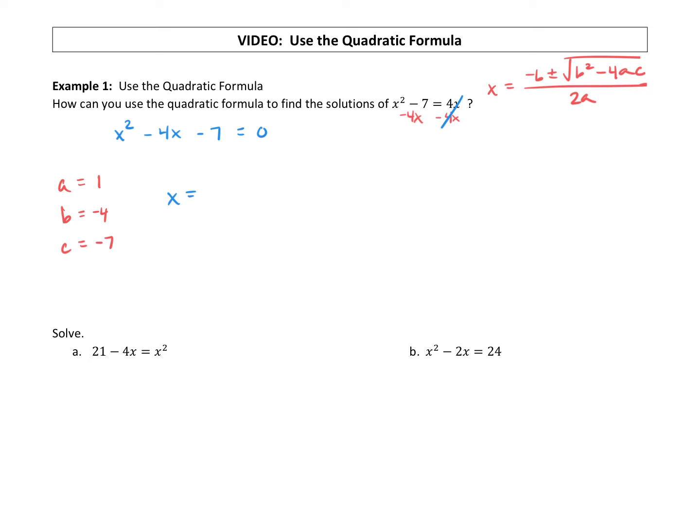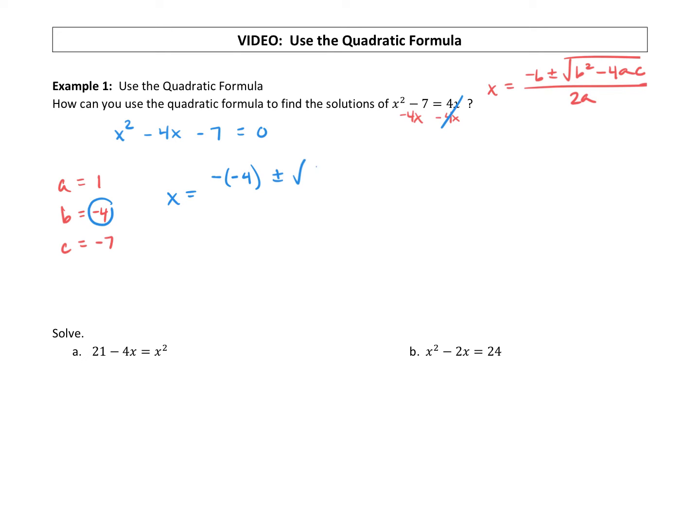All right, so here's our formula. X equals, we have a negative b. So I always put the negative, then a parenthesis. Then I look at the b value, it's a negative 4. So I write a negative 4. If your b value is negative, we do end up with this double negative right there. We'll deal with that when we simplify. The rest of our formula, plus or minus the square root. Now we have to do b squared.